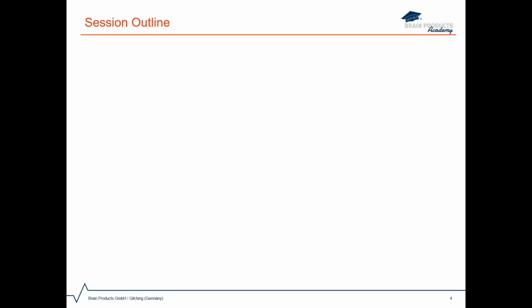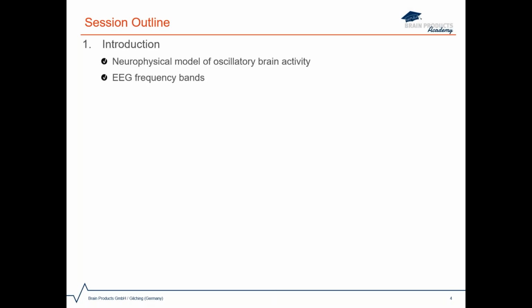Now, let's take a look at the contents for today's session. We will begin by revising the origins of EEG oscillations and the classification of these oscillations into different frequency bands. Motivations on why we perform spectral analysis on EEG signal also will be outlined.